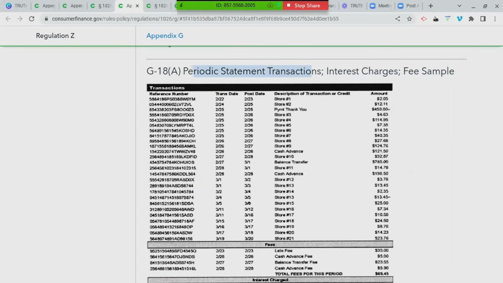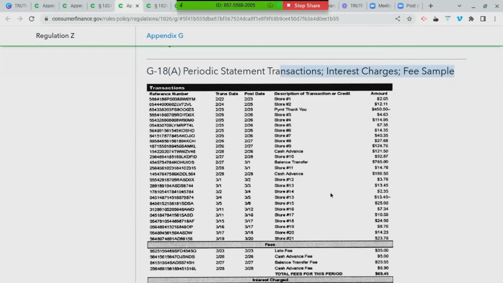They have a requirement to send you that periodic statement whenever your bill is in excess of $1 or anytime you got a finance charge. They're supposed to show you your transactions, your interest charges, the transaction posted date, all of this information. They are required by law to show you these interest charges and the transactions on your statement. So it has to be in this form.